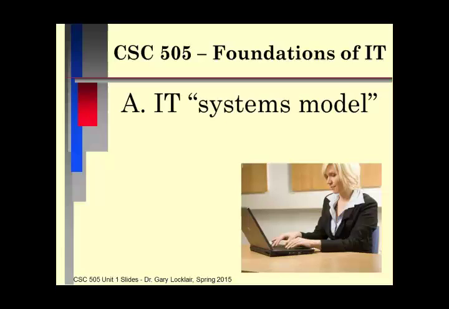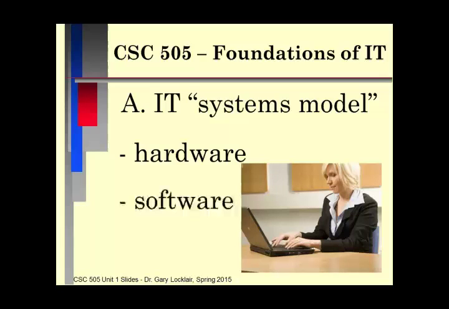It's important to begin thinking of IT as a system and not just disparate pieces of technology. I already alerted you as to what an IT system is. The systems model says this: technology is hardware. Technology is also software.